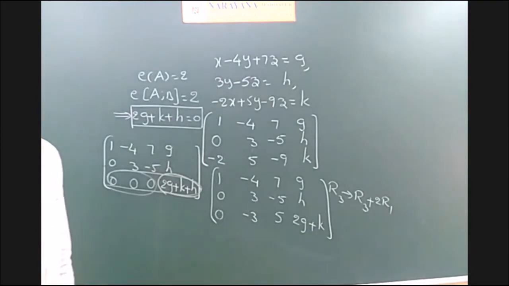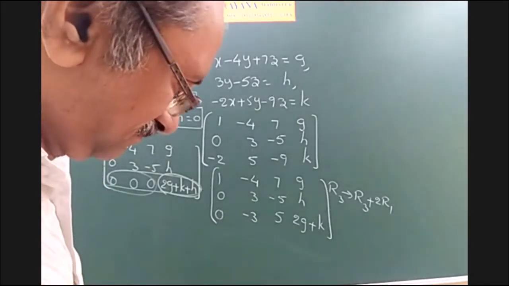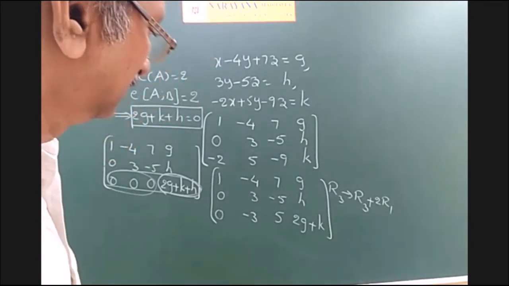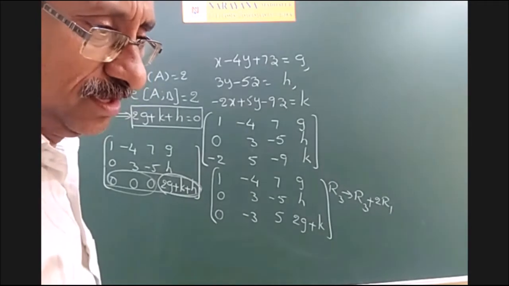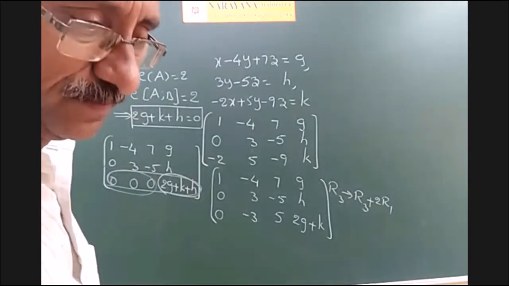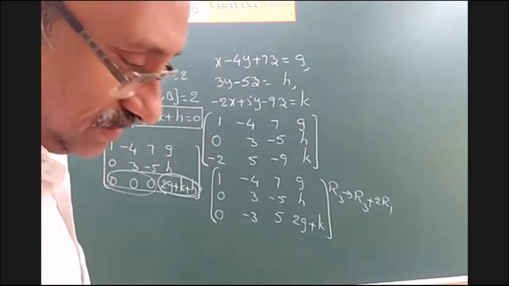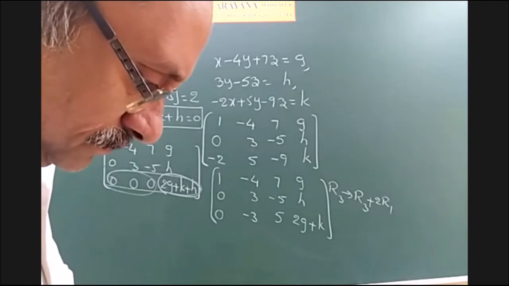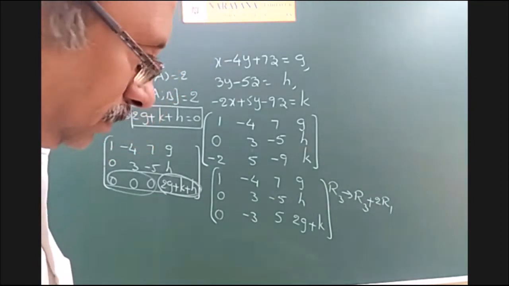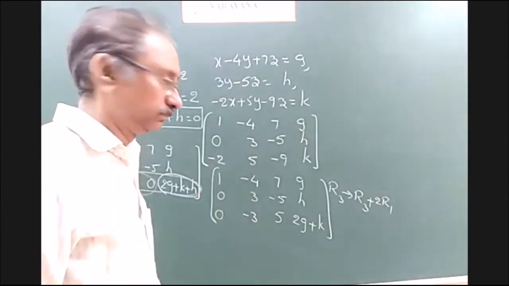Okay? Say, if they ask how to do this by Cramer's rule, then what to do? Don't worry about the procedures, Akash Kumar. In competitive examinations they won't ask like that. But if we want to do so, then delta, if you try this delta, is always 0.